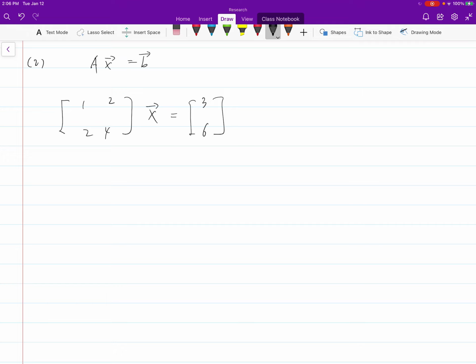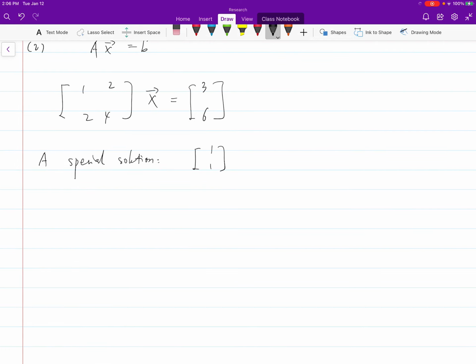Remember, the first step is to try to find a special solution, yp, for the non-homogeneous case, which is 1, 1. How do you find it? Well, try your best. You plug in 1, 1, you can see it works. We will skip that. That's task 1.